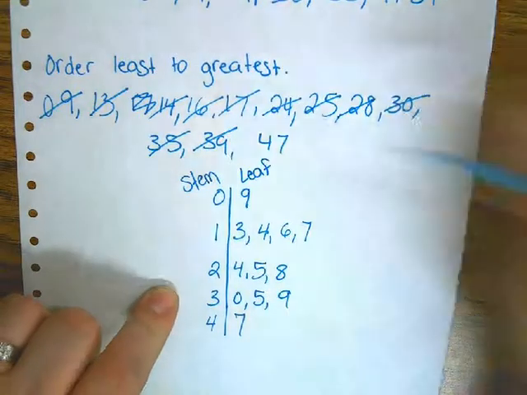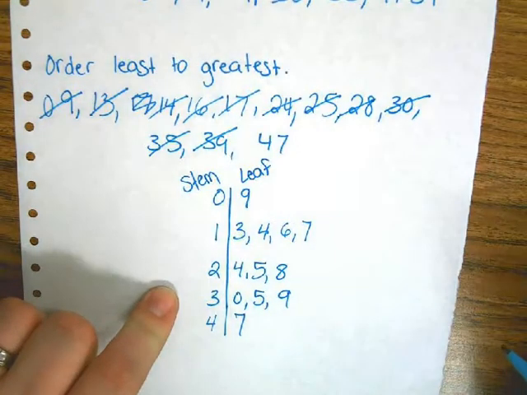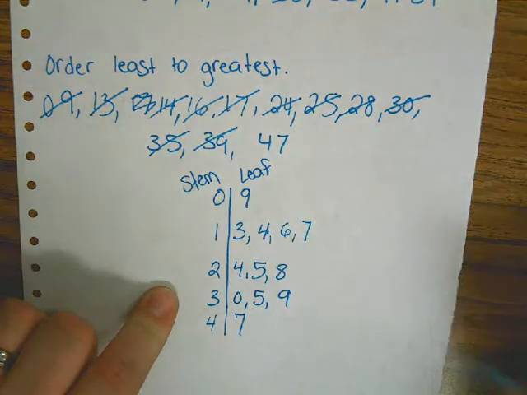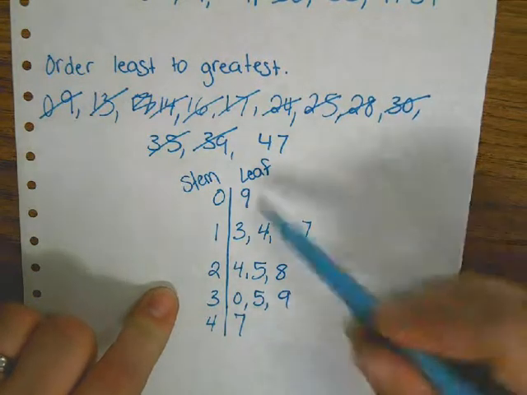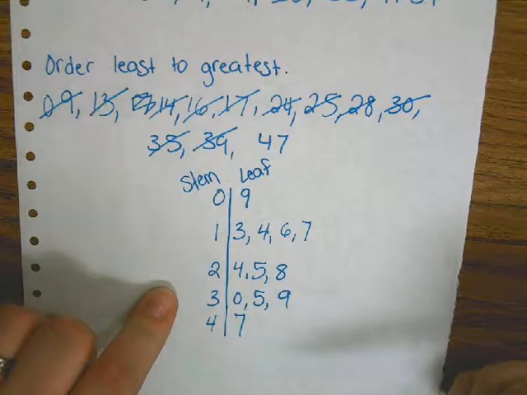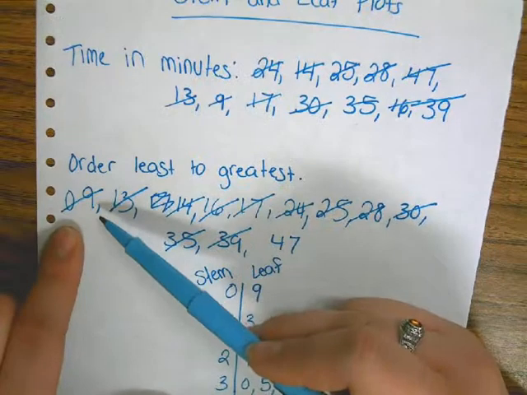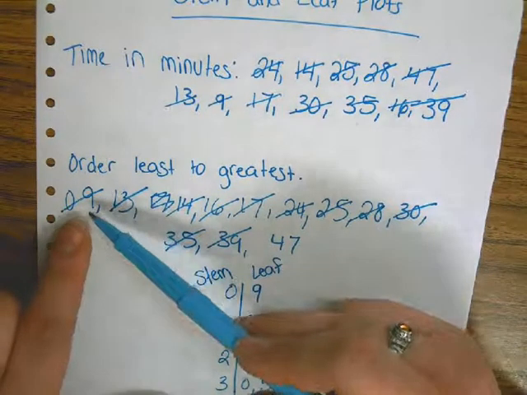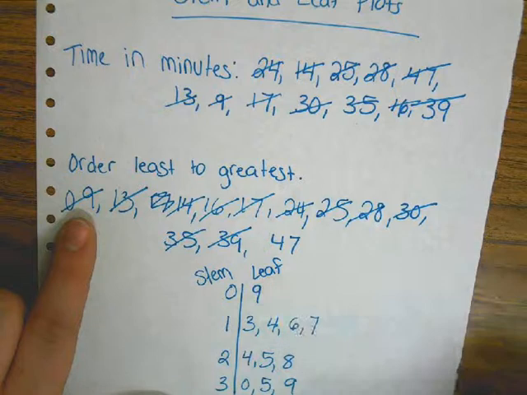Stem does have one number. No, leaf has one number. All I did, Caleb, was take my same numbers that I had and put the last number on this side. Okay? Let's try another one.